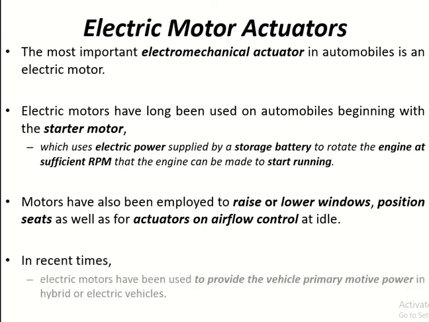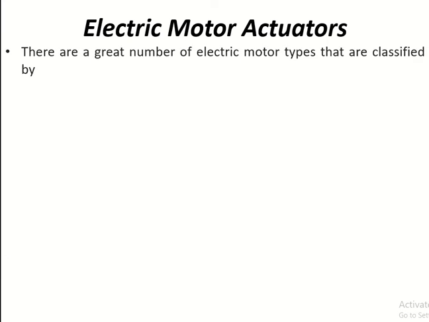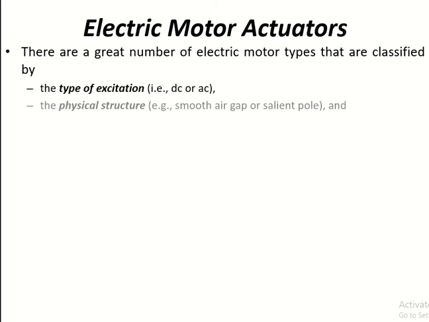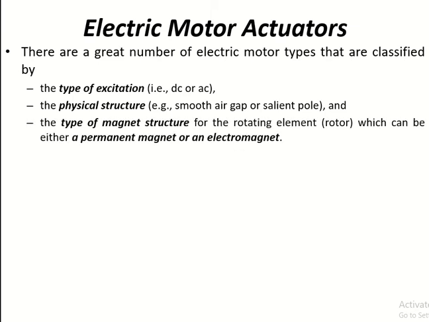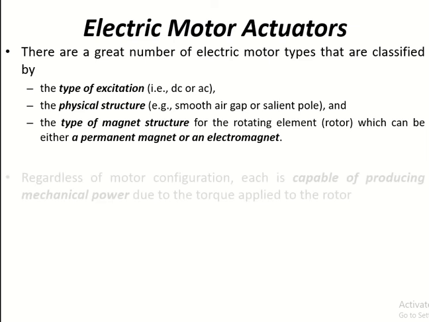In recent times, electric motors have been used to provide the vehicle primary motive power in hybrid or electric vehicles. There are a great number of electric motor types that are classified by the types of excitation that can be DC or AC, the physical structure, for example the smooth air gap or the salient pole type, and the type of magnetic structure for the rotating element, the rotor, which can be either a permanent magnet or an electromagnet.